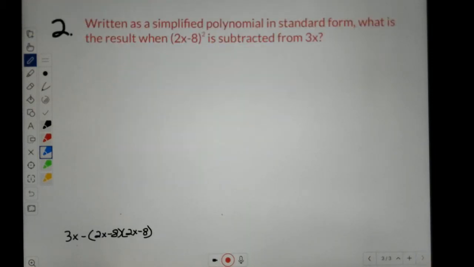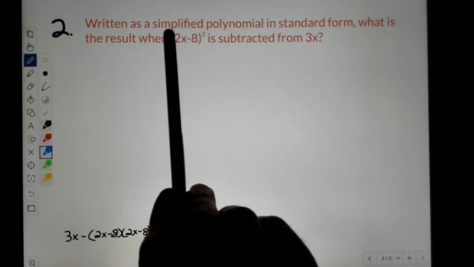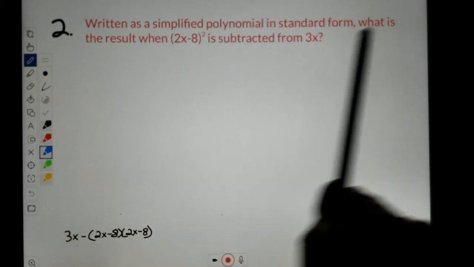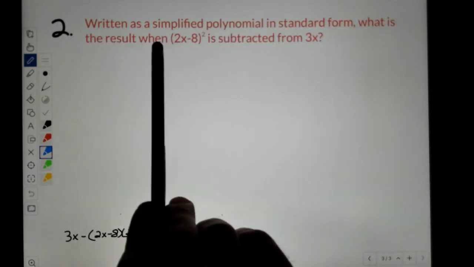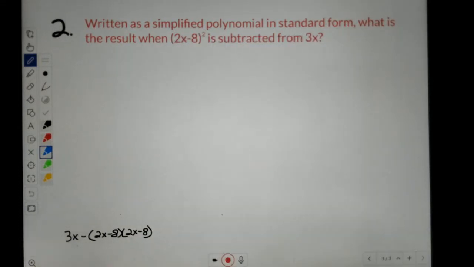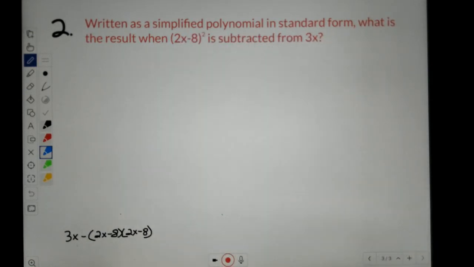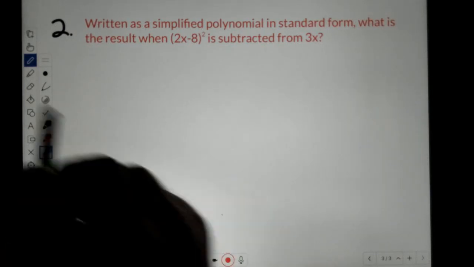All right, let's take a look at this one, and this is more of a word problem. This said, written as a simplified polynomial in standard form, what is the result when 2x minus 8 squared is subtracted from 3x? Okay, so this 2x minus 8 squared is being subtracted from 3x. So let's start by writing that.